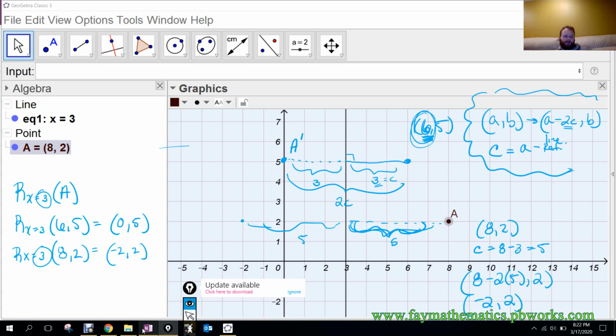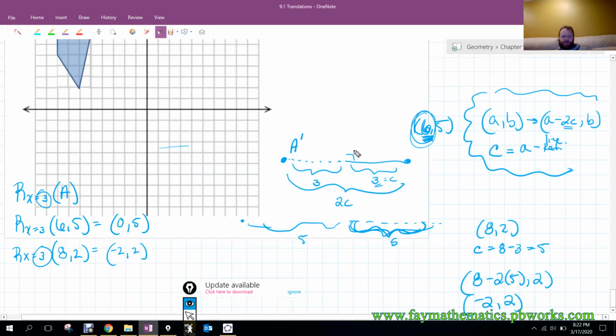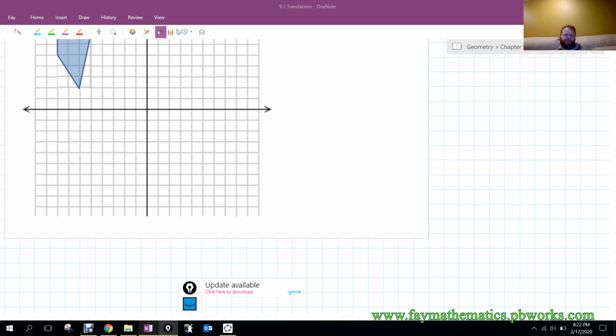Okay, so there's going to be a homework assignment here with MathXL. Give it a shot. If you have any questions, let me know. One thing I want you to remember, let's run through these real quick again. If I'm going to do a reflection over the x-axis of a point A comma B, so over the x-axis, the y changes.